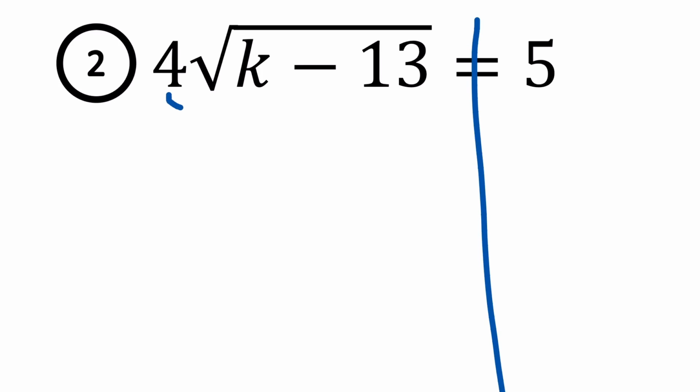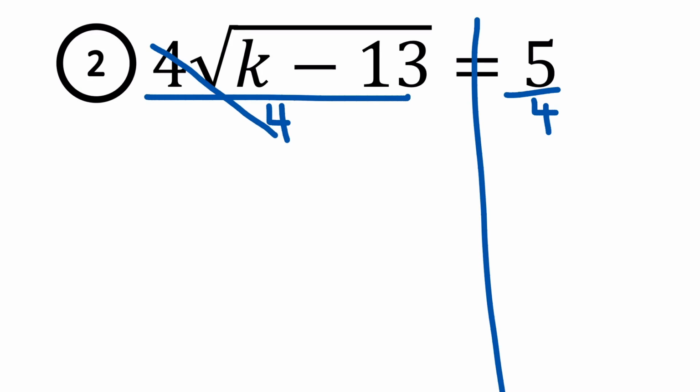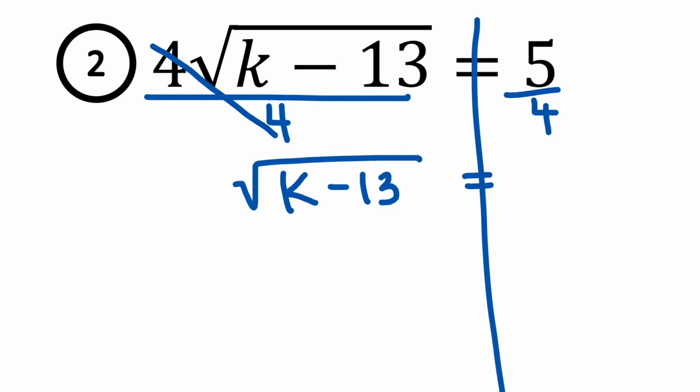So when a 4 and a square root are touching, that means multiply. So I will divide both sides by 4. The 4's will cancel. Square root of k minus 13 comes down. And 5 divided by 4 makes 1.25.